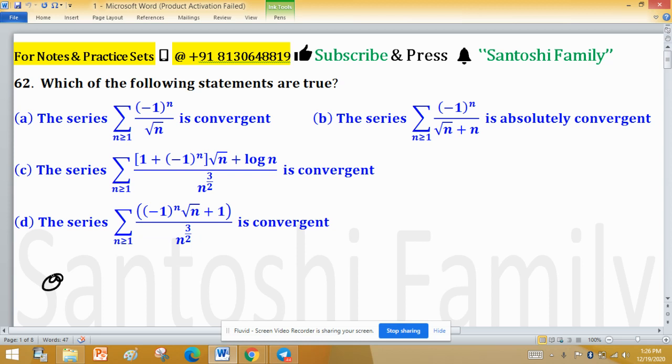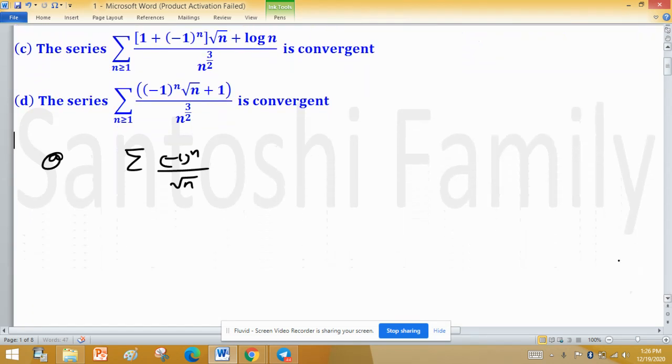Now first take option A, the series minus 1 raised to the power n divided by root n. It is an alternating series, and for alternating series we know the concept of the Leibniz test.